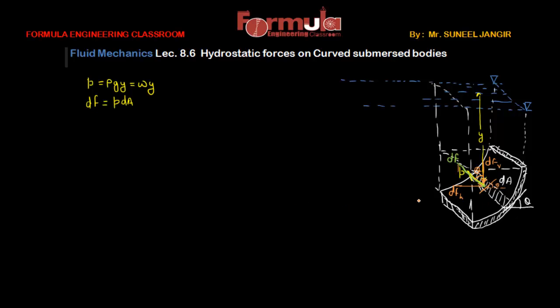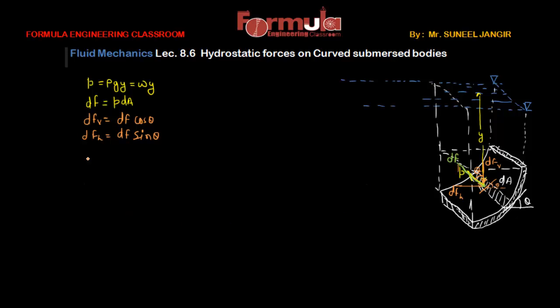What will be the vertical component of this force? We can resolve along the angle, so the vertical component will be dF cos theta, and the horizontal component will be dF sin theta.